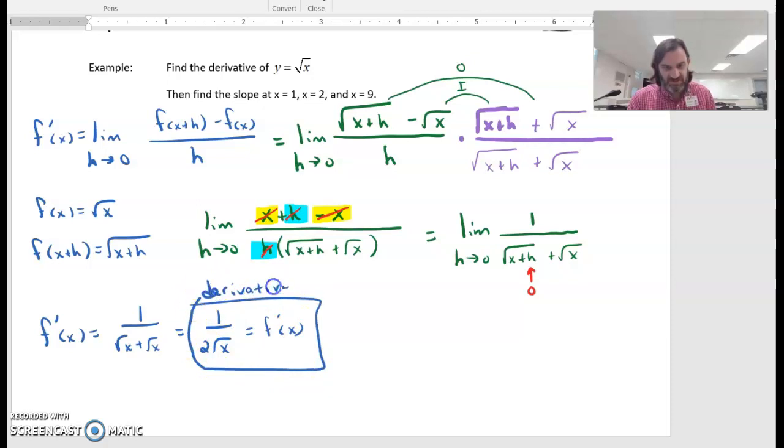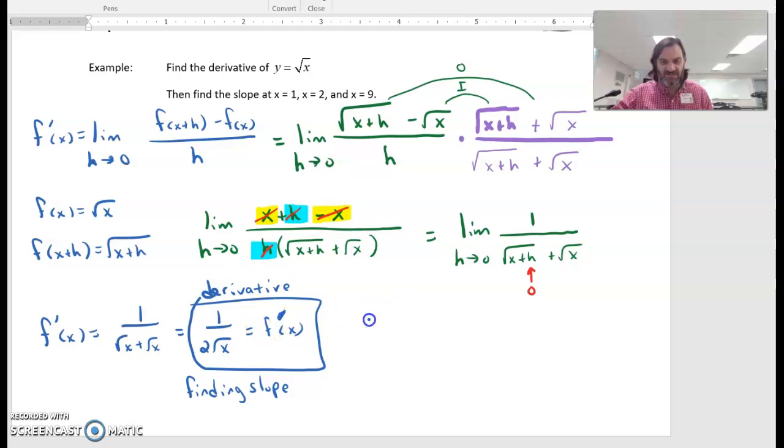So that's the derivative, as we like to call it. And it will be good for finding slope. Again, it's a square root function, so it curves and it has different slopes at different points.